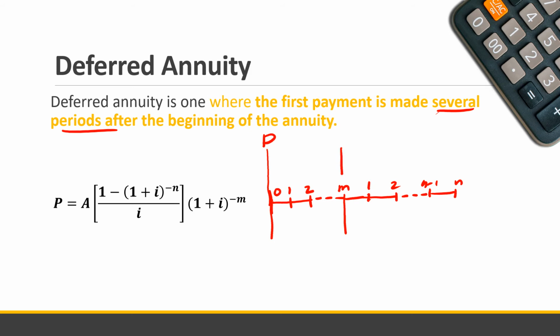Okay, so the M periods are the years na yung delay or yung deferred na years before you start the first payment. So the end periods are the periods na nagbabayad ka na.